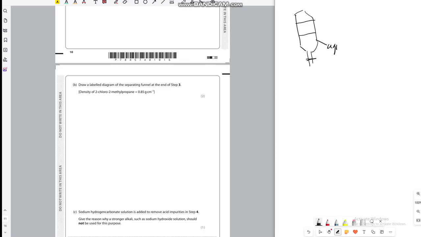This has to be the aqueous layer, which is with water, and this has to be the organic layer, which is the haloalkane, 2-chloro-2-methyl propane. Because the organic layer's density is lower and the water's density is 1. This organic has a density of 0.85. Water has a density of 1. 1 is higher than 0.85. So the aqueous layer has to be at the bottom, and the organic layer has to be on the top.